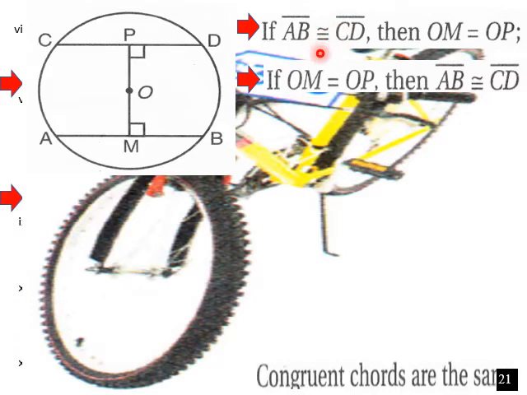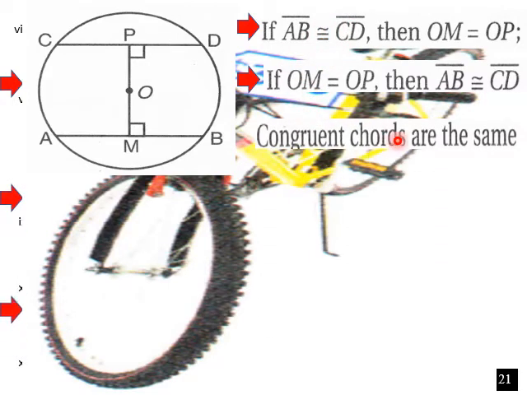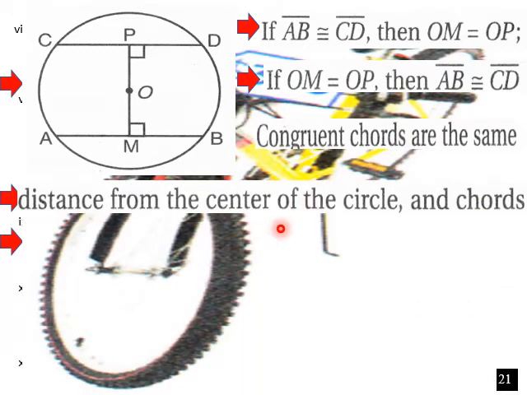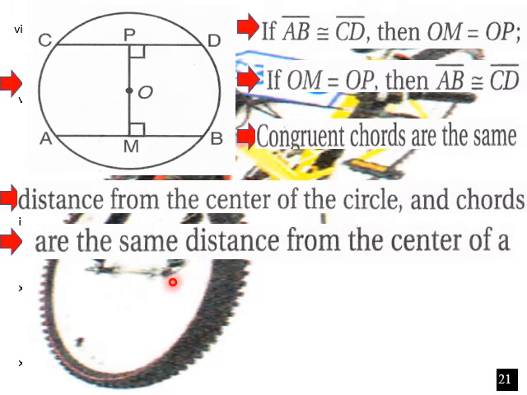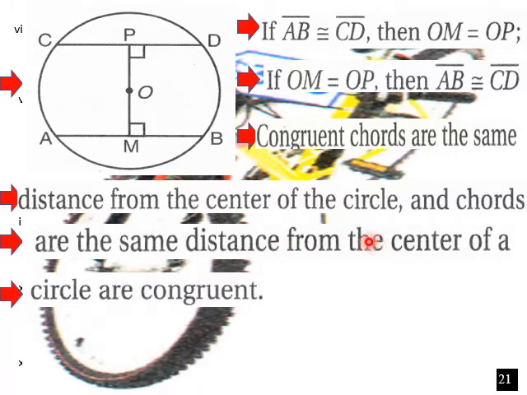We found that up here too, didn't we? Congruent chords are the same distance from the center of a circle, and chords the same distance from the center of a circle are congruent. So if they're equidistant here, and we said that they were, then these chords are equal to each other.